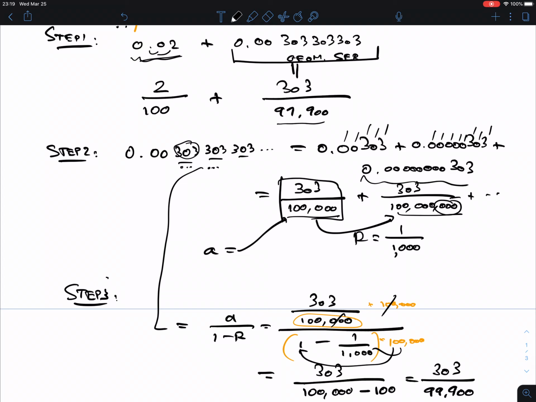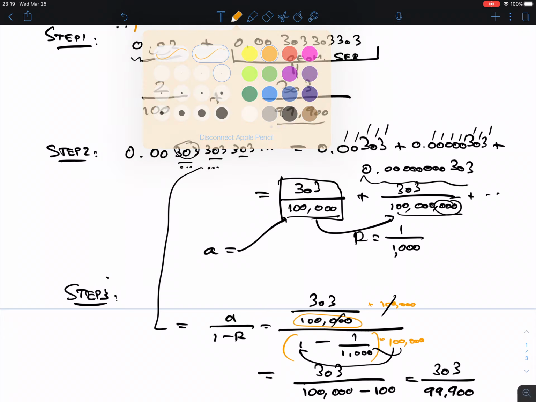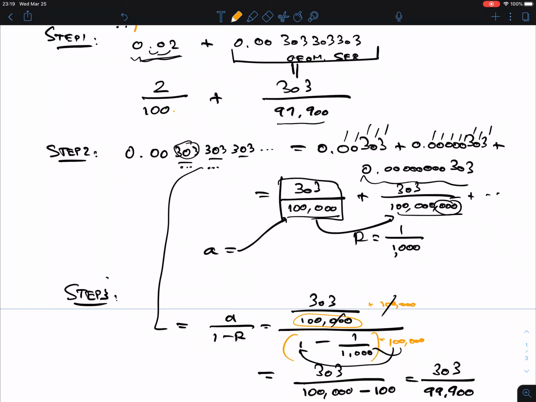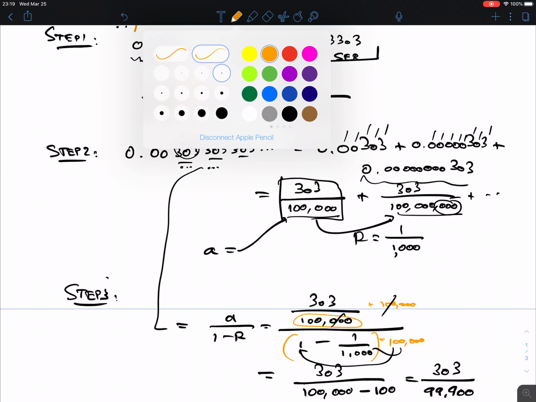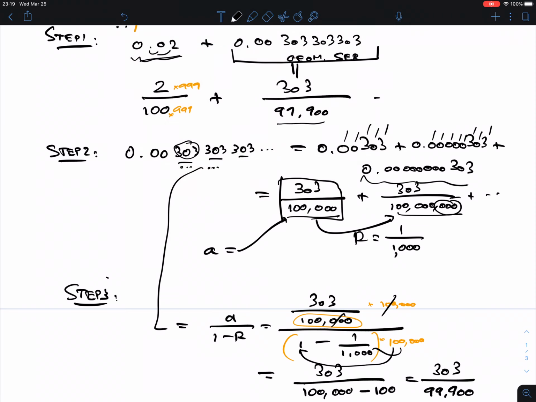This is the common denominator, so I multiply top and bottom of this guy with 999. Okay, so what do I get? Twice 999, that is 1998, plus 303 over the common denominator.